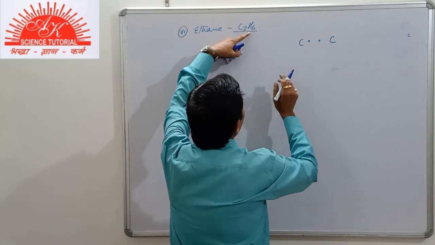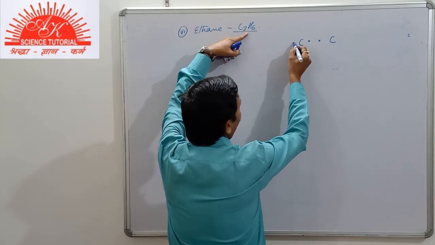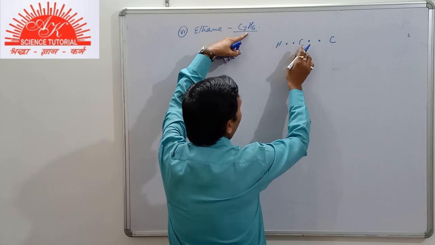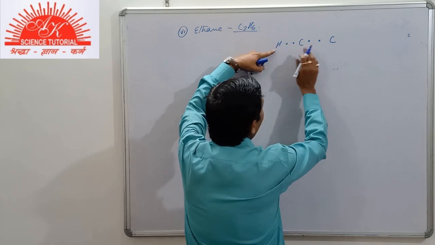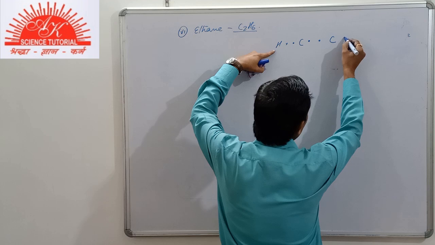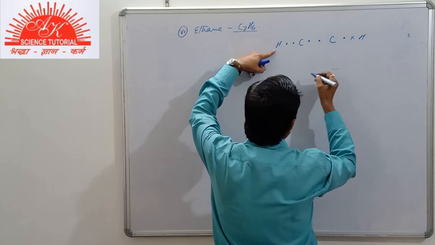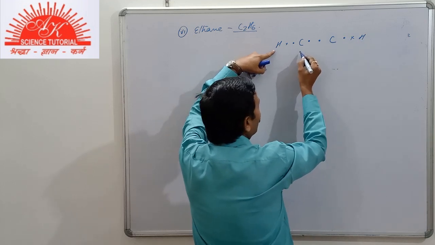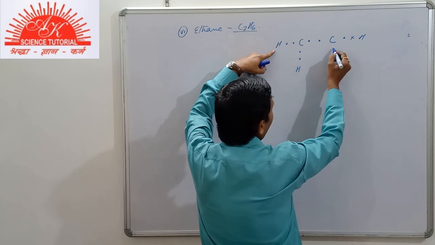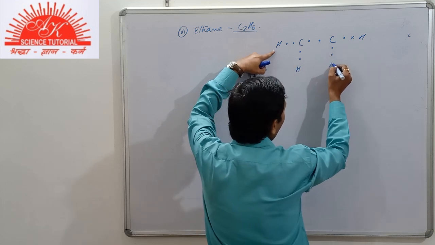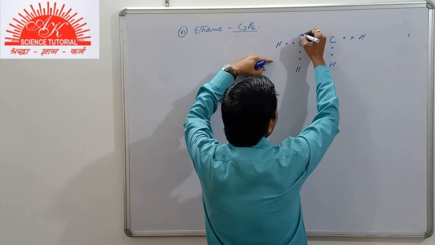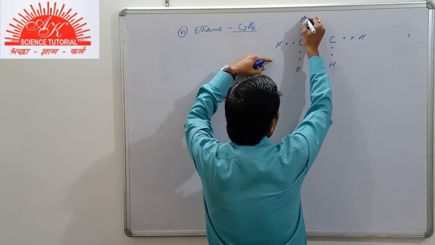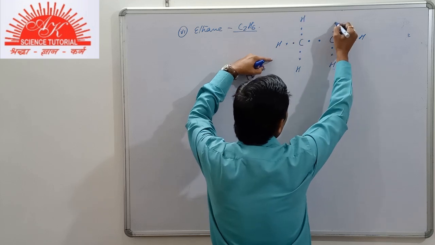Suppose there are 6 hydrogen atoms. So first of all share one electron of carbon with each hydrogen atom, and again for this carbon also share one hydrogen. Go for another hydrogen atom. In a similar pattern you can go on distributing the hydrogen atoms. Now there is another one here.